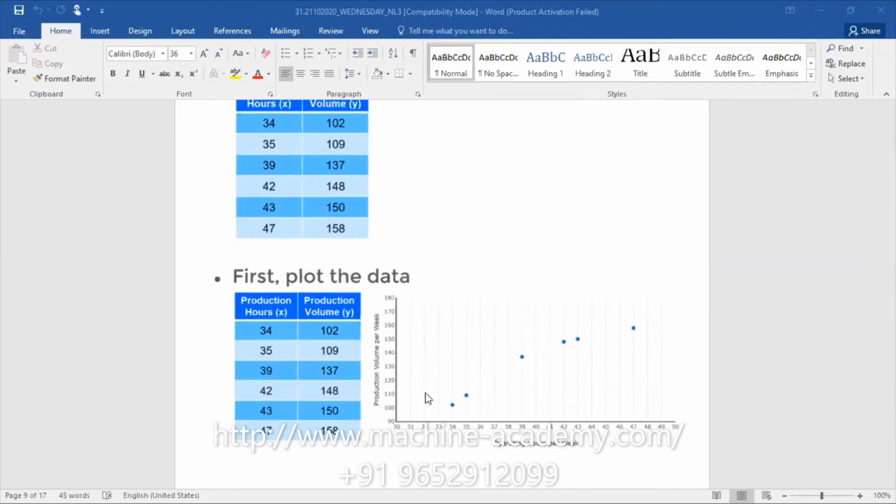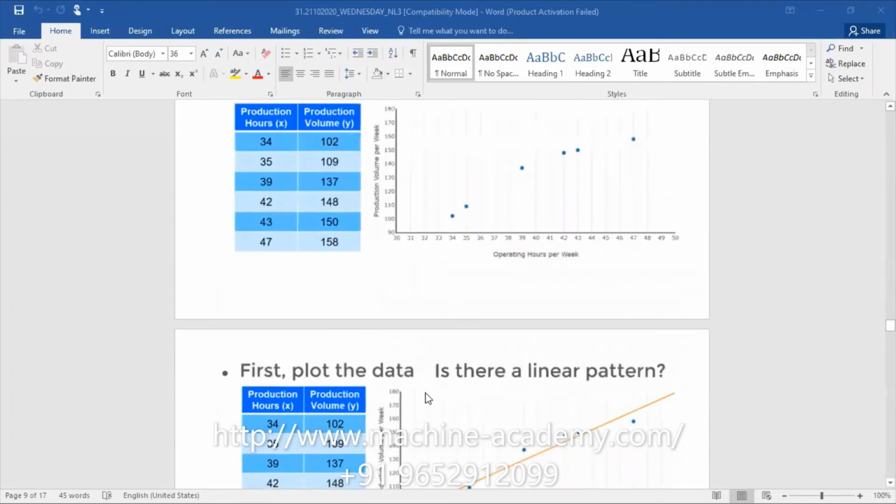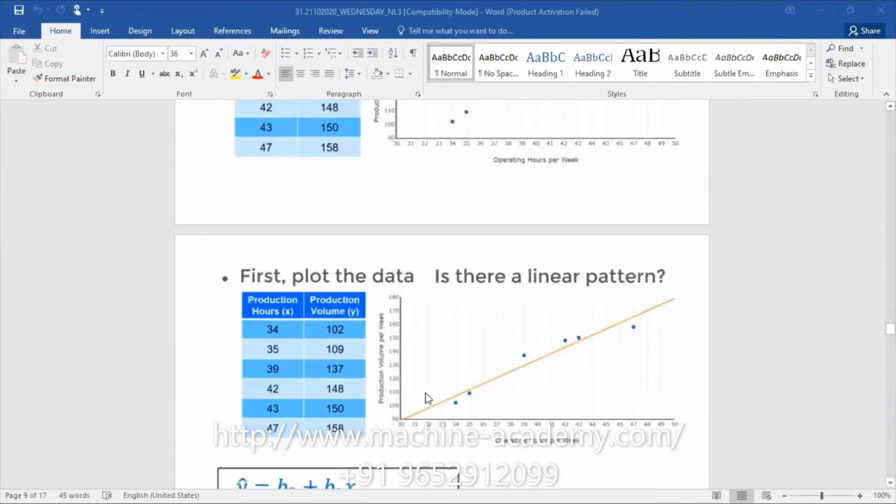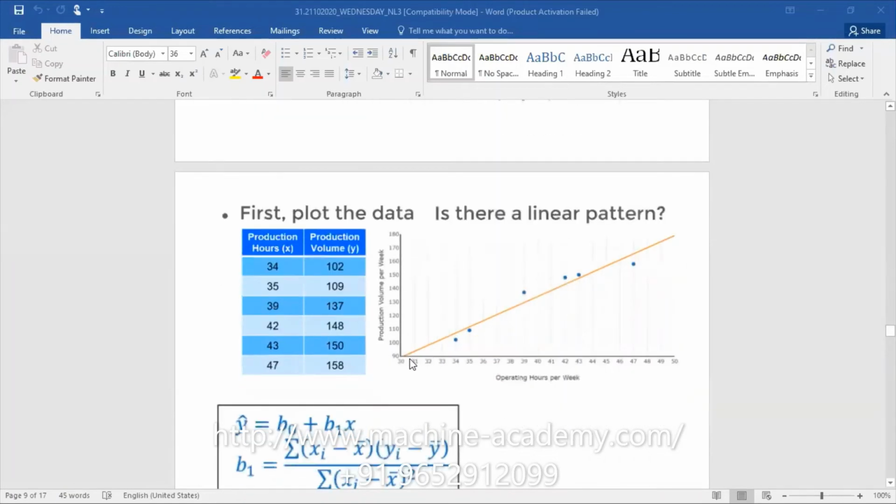That's why the points start from here. Now, how did we get this particular linear line? When we take the mean value of these things, we get a particular linear line.